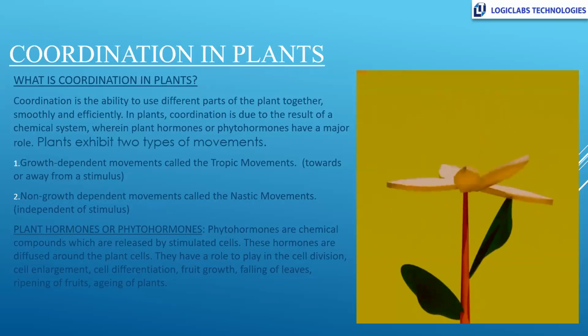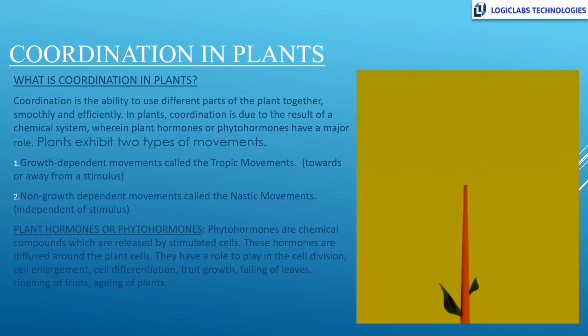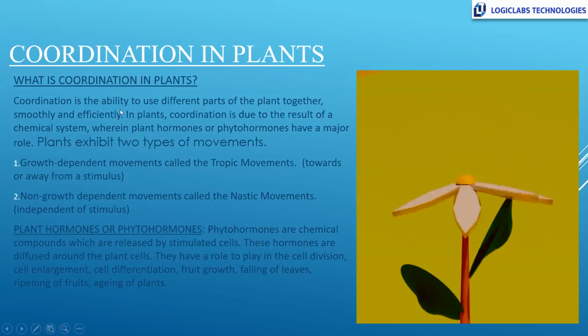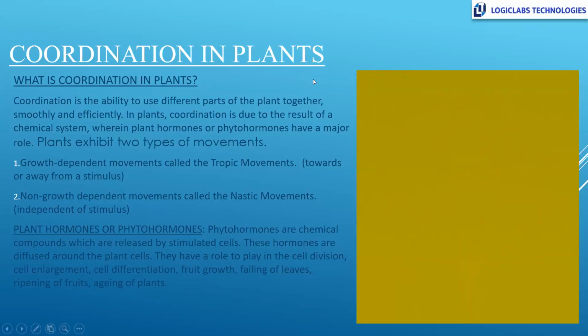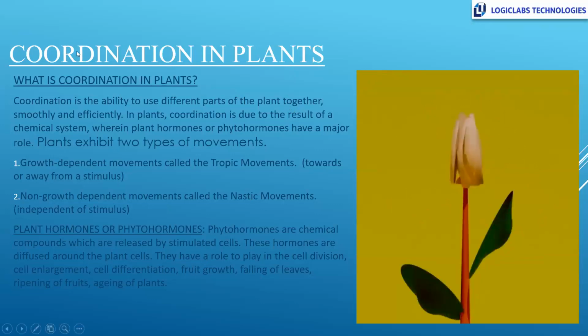So what is coordination in plants? Coordination is the ability to use different parts of the body together. Whatever parts there are in the plants, they all work together very smoothly and efficiently. There is no harm or hurt which takes place.